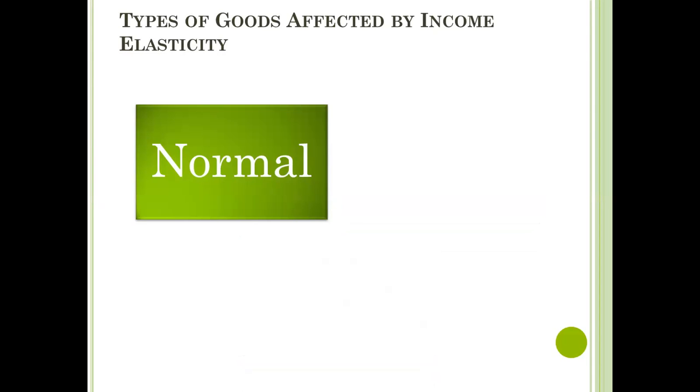Normal necessities have an income elasticity of demand between 0 and +1. Let's have an example. If income increases by 10% and the demand for fresh fruit increases by 4%, then the income elasticity is +0.4. Therefore, the demand is rising less than proportionately to the income.